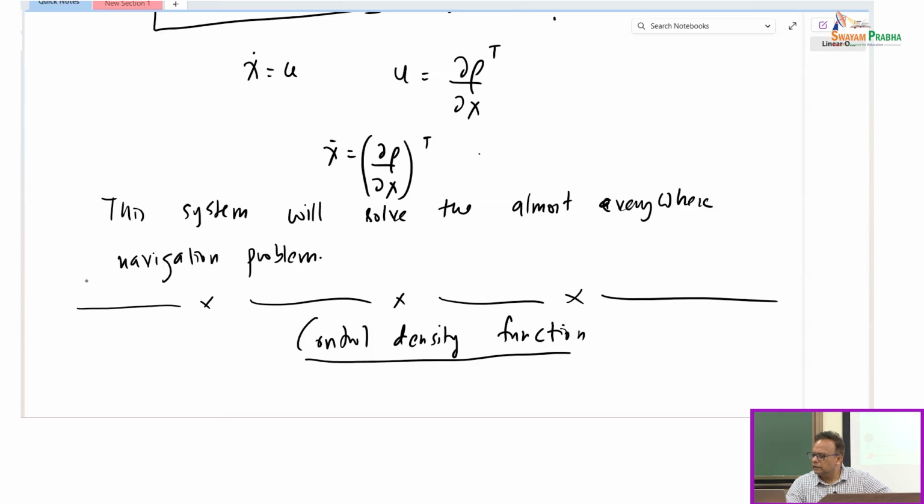There are some more complications when it comes to a time varying environment, in proving things, but as far as the construction of the density function is concerned, it's fairly straightforward.